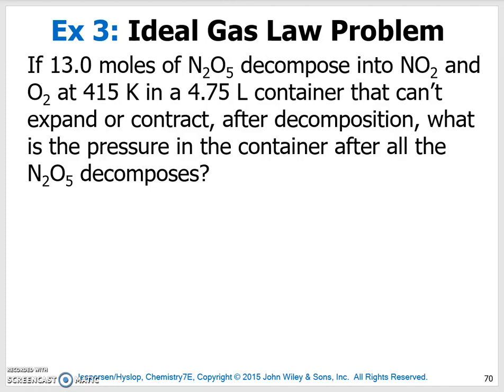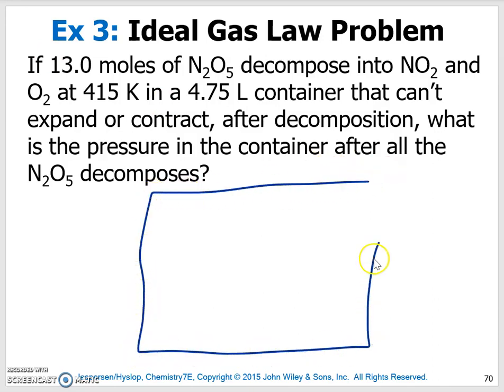This is kind of a strange problem, but let's just draw a picture real quick. Here is my container. At first, I have N2O5. As it decomposes, it'll create more moles of gas. Let me just use the coefficients as they appear in the chemical reaction.